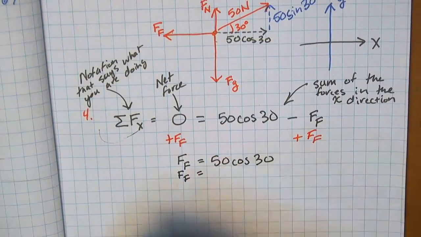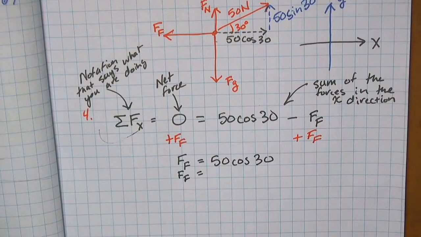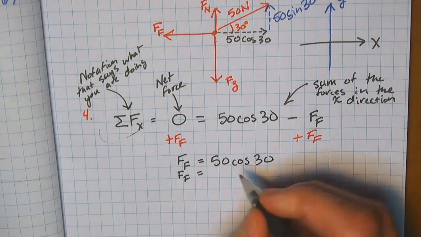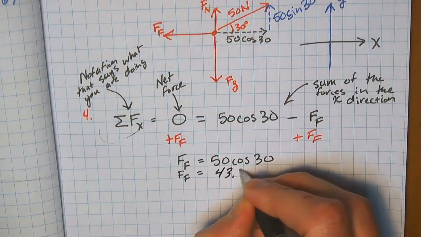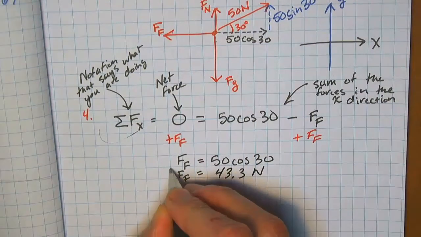And then we can just type that into our calculators. 50 times the cosine of 30 is 43.3 newtons.